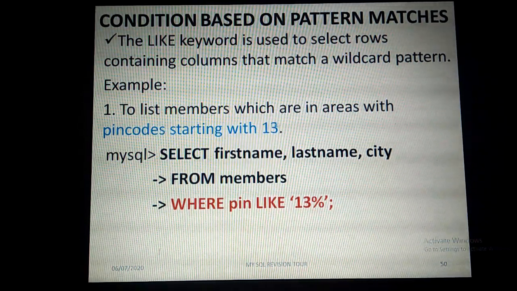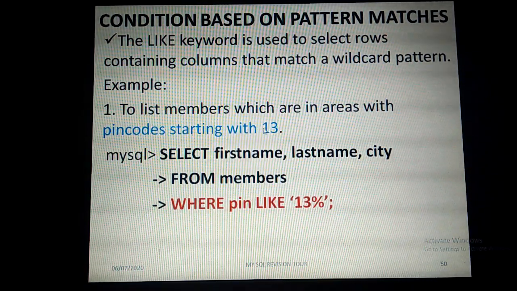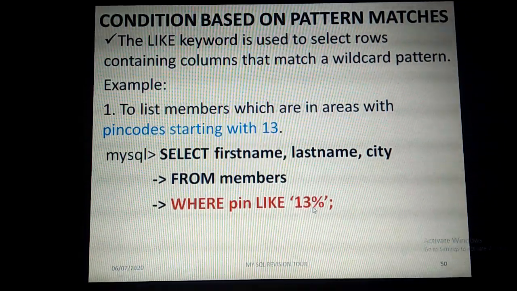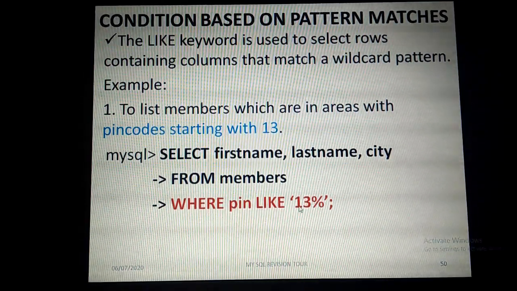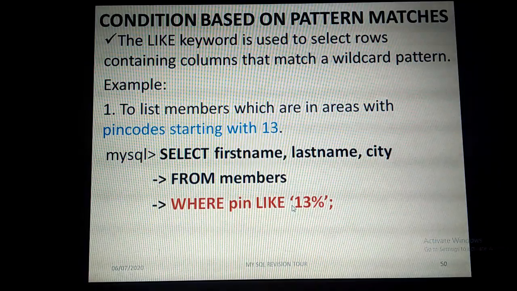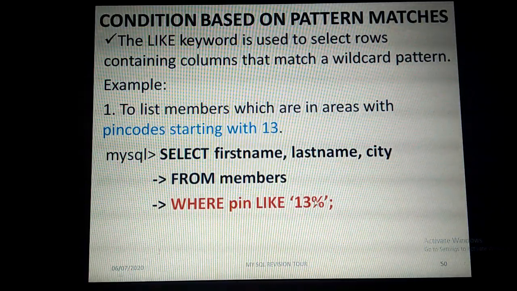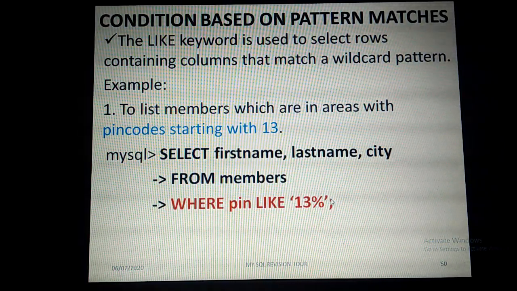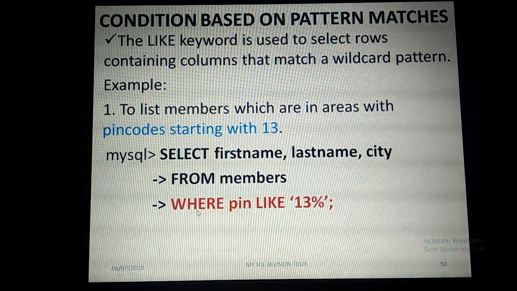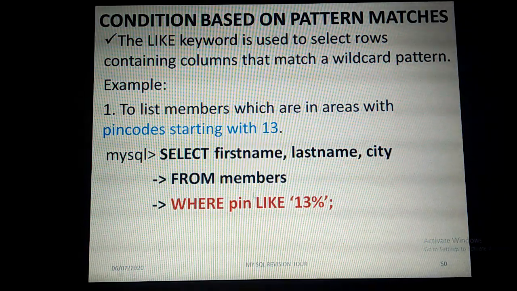So it is forming a substring, having more than one character, so we need to include the percent symbol. The percent symbol comes after 13, because the pin code starts with 13, followed by any string appearing after 13. So: from members table where pin, since only the pin code we need to check, pin like within single quotes '13%', and at the end a semicolon.